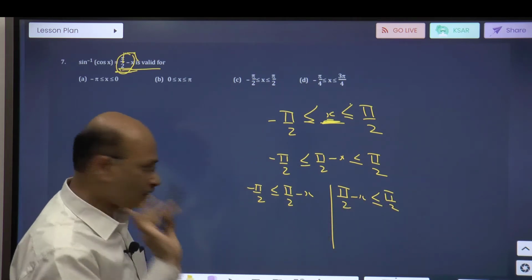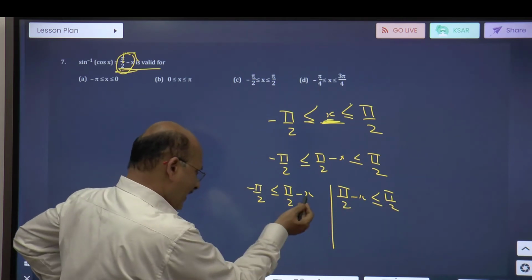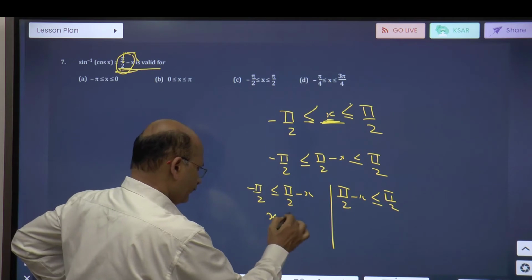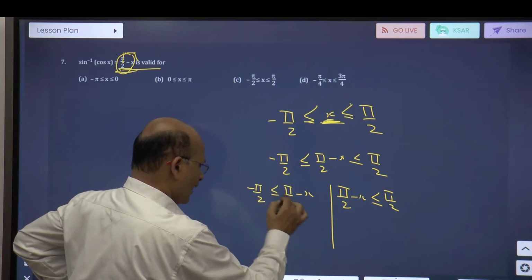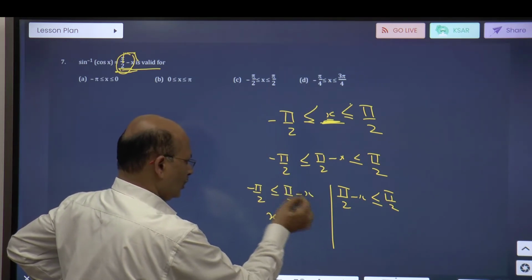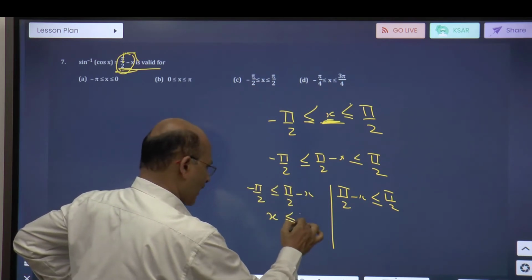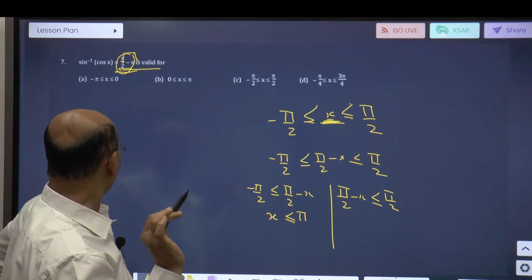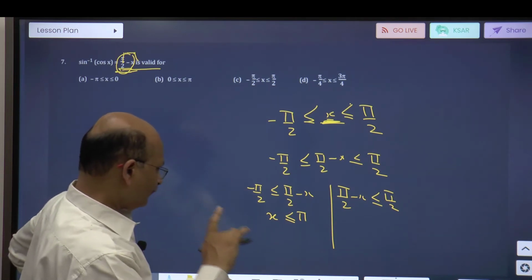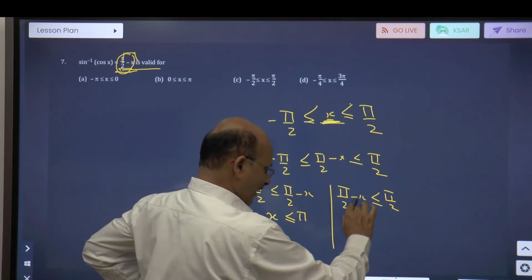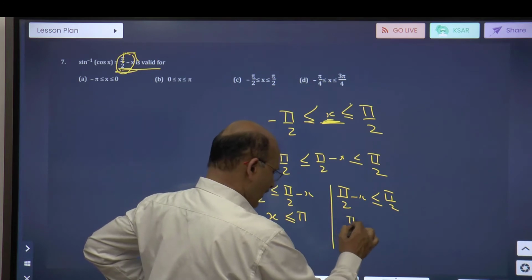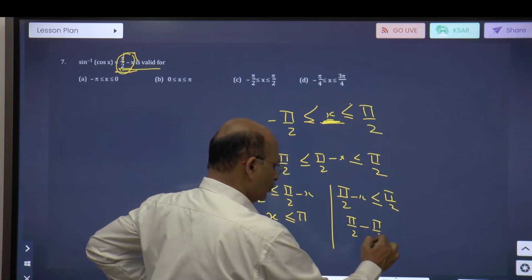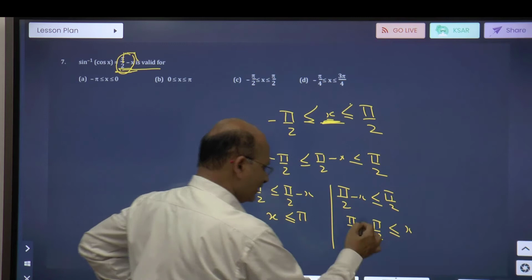Okay. Now let me just solve. If I take x to this side, this will become pi by 2 plus pi by 2, which is pi. Right? I think I am okay with that. Let me see. Okay. Now in this case, if I take x this side, pi by 2 minus pi by 2, so x is greater than or equal to 0.